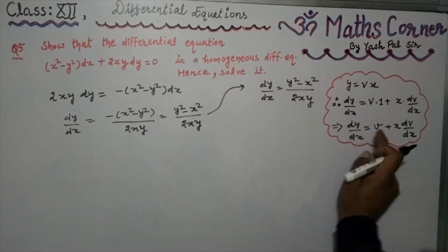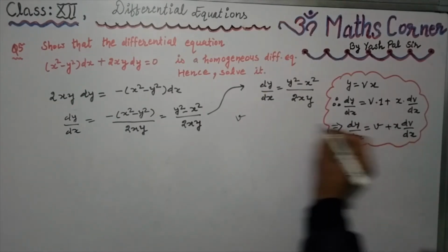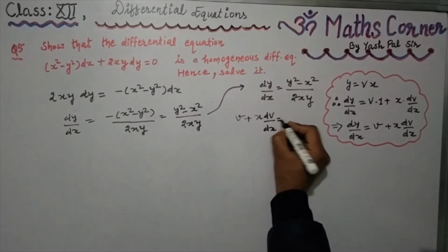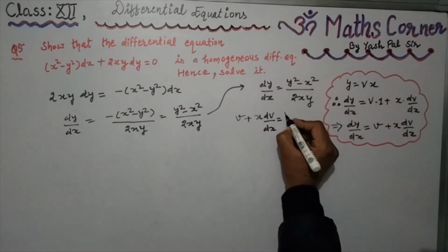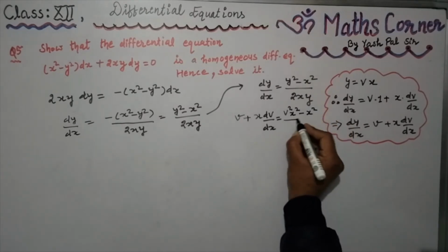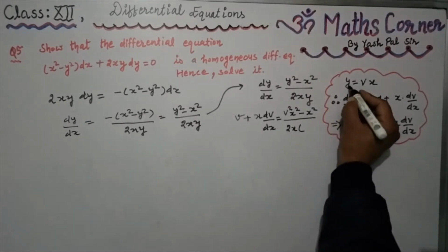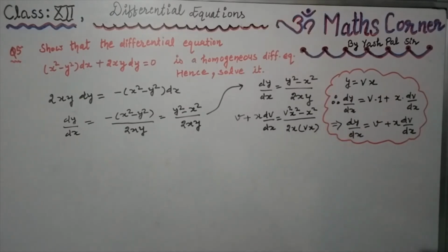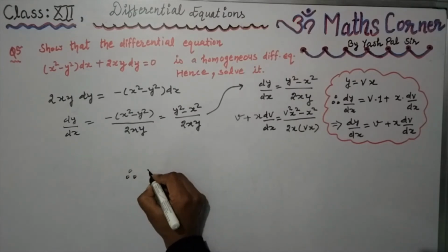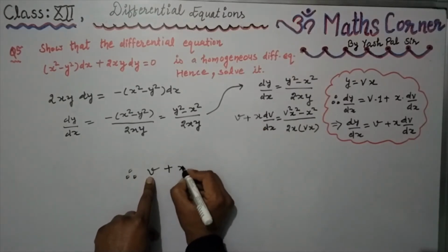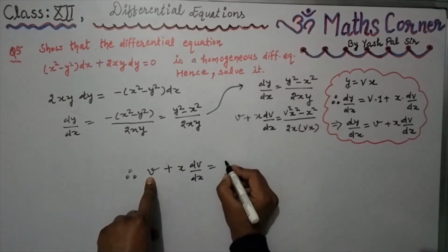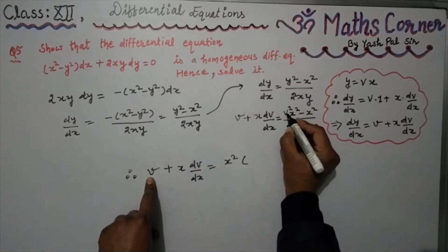Here dy/dx means v + x dv/dx, and on the right hand side y² means v²x², so (v²x² − x²)/(2x·vx).